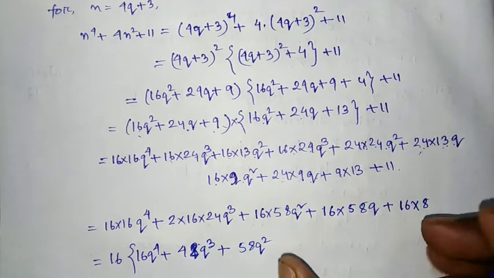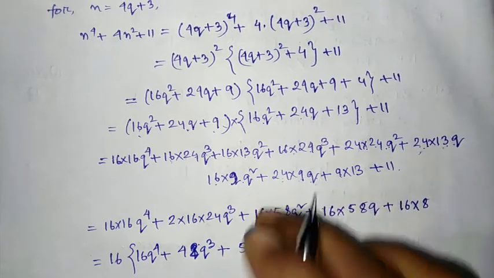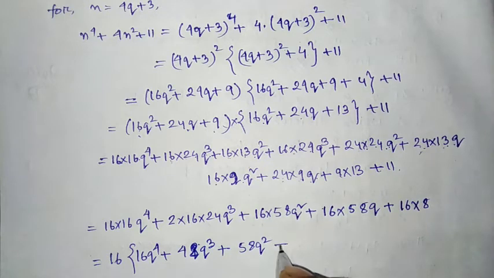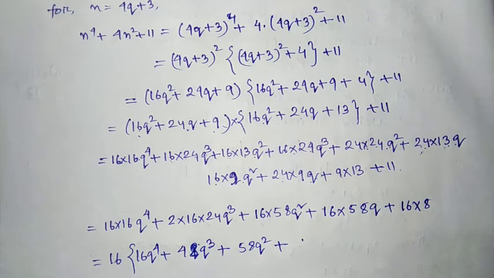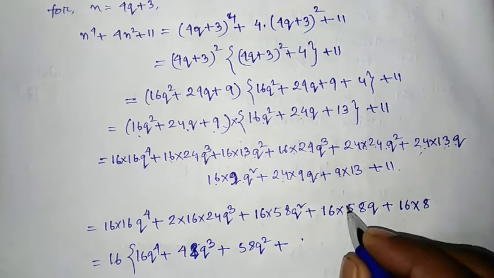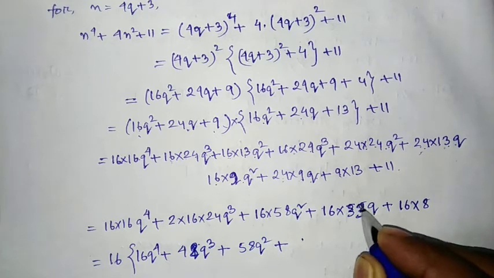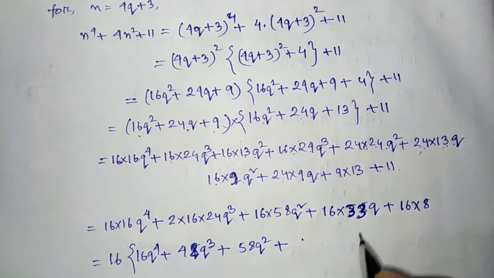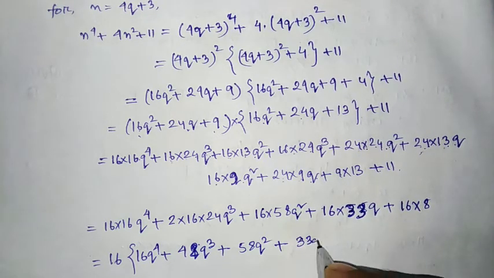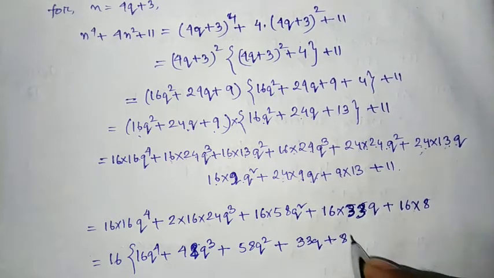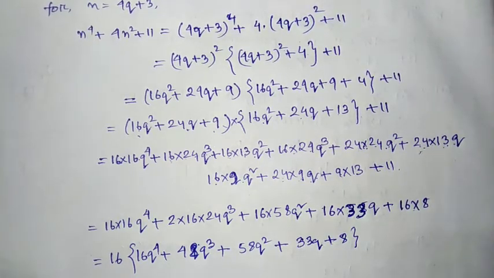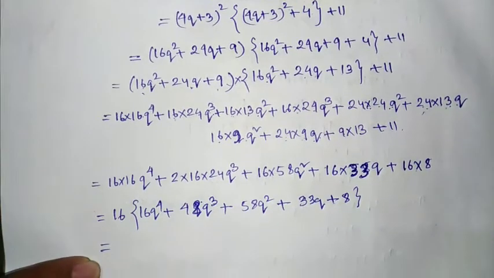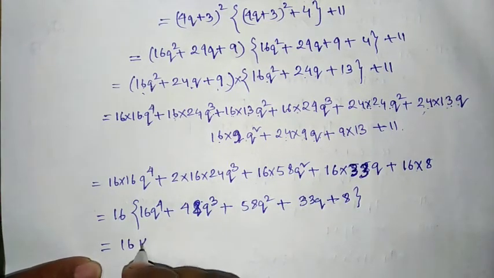Now see, we have to take 16 common, since we have to show that in the form of 16k. So 16 is common. Here 16q to the power 4 means 16 comes out, 48q, then 58q square. That is why I have expressed them as the product of 16, so that we can easily take out 16.